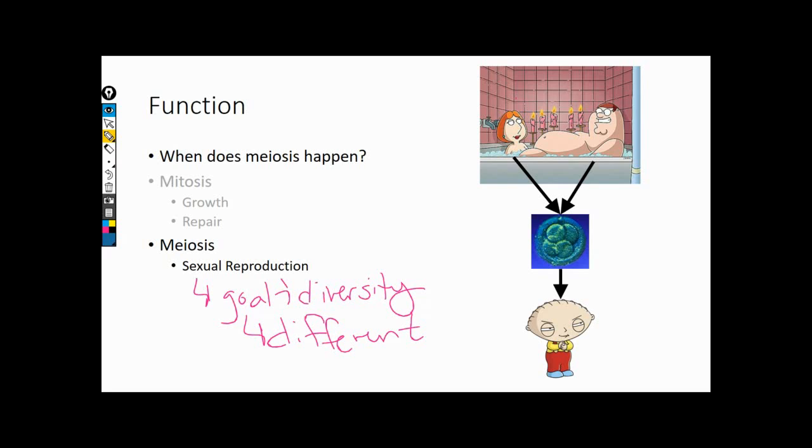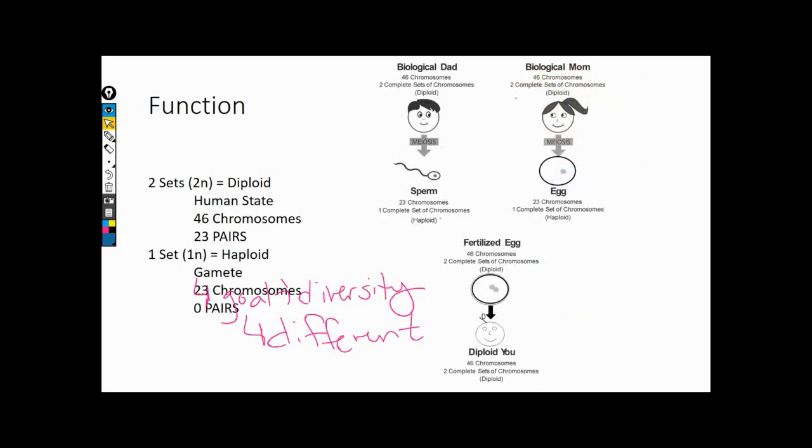What does diploid mean? We're diploid, all individuals are diploid. That means two copies. Where do your two copies come from? One from mom, one from dad, right?